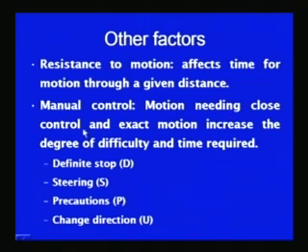Motion needing close control and exact motion increases the degree of difficulty and the time required. For example, definite stop, continuous control required for steering, the precautions which are required, and the change in direction in a very specific manner. So, these are the conditions which indicate the kind of control required for performing the motion. The greater the degree of difficulty for performing the motion, the greater the time required for carrying out those motions.